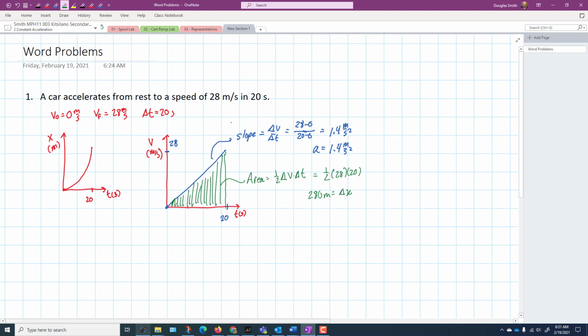So what's another graph? I could do an acceleration time graph. So I could do this graph here. So times in seconds. Acceleration is in meters per second squared. And this has constant acceleration of 1.4. So it goes something like this. And that's 1.4.